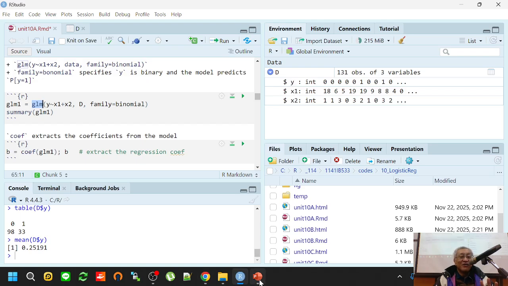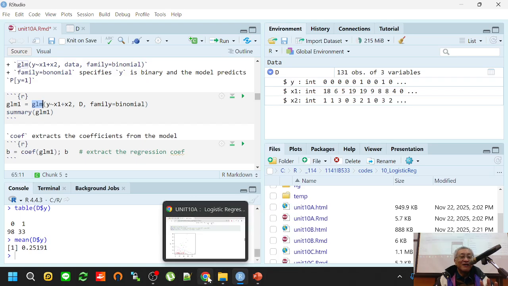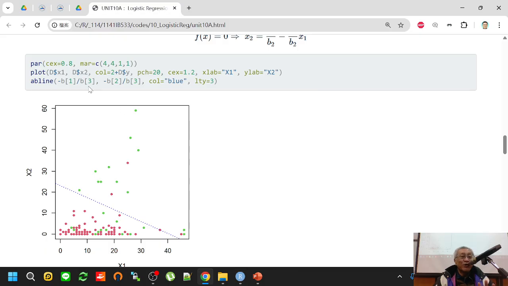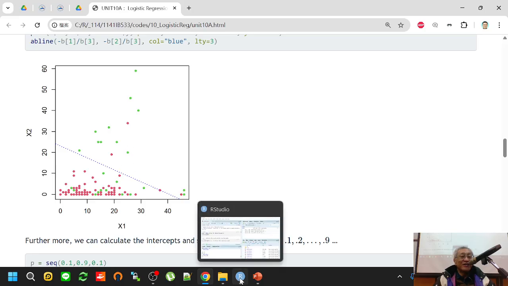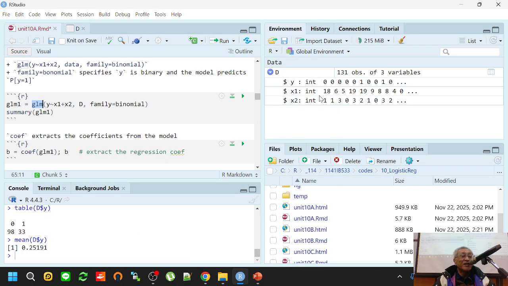In this plot, when we have b0, b1 and b2, we can draw a line in the x1 and x2 plane. Every point is a data point that we take from this data frame. So every point has x1, x2, and y.